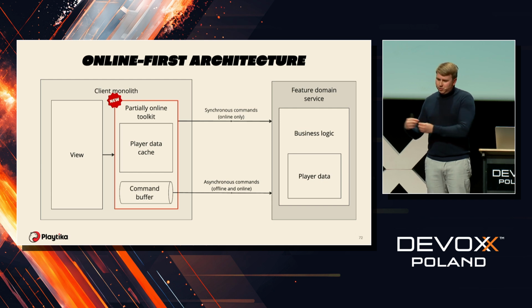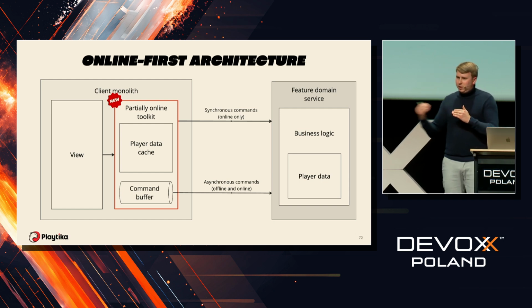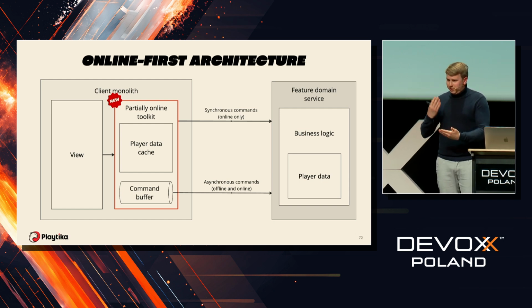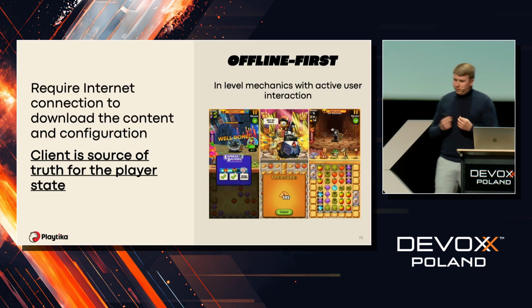So basically, we can load enough data on the game startup, and whenever you open some feature, the data is already available, you just get it. So we are not fetching the data at the moment when we open some feature, to not introduce network delays.